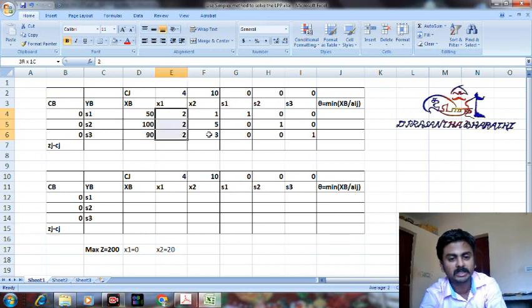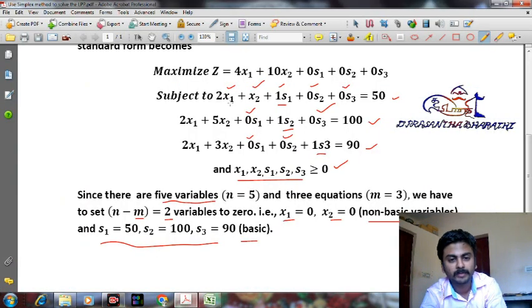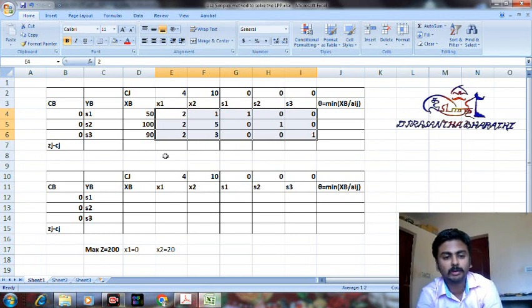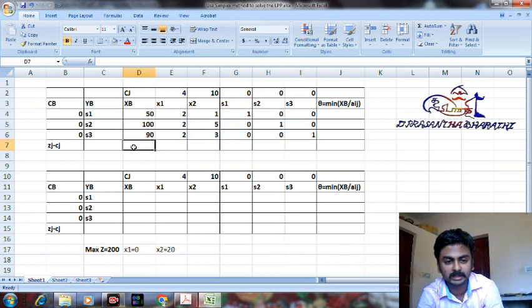And this is called Aij, and these values are taken from the constraint coefficients. So 2, 1, 1, 0, 0, 2, 5, 0, 1, 0, 2, 3, 0, 0, 1, and these values are filled here. Okay, now we want to find zj minus cj. How to find this zj minus cj?